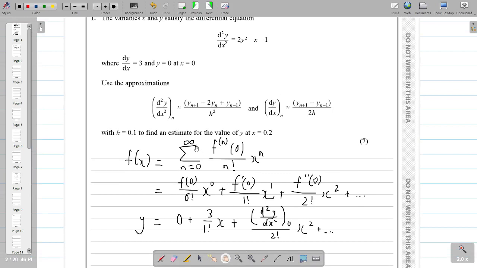So according to this one, what we want here is an iterative approximation. So we want an approximation for this one, if I'm not mistaken. So let's denote what y of 0 is first.